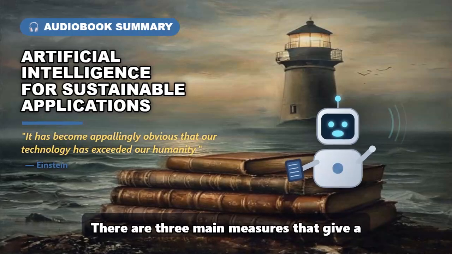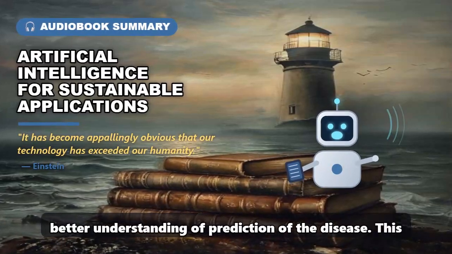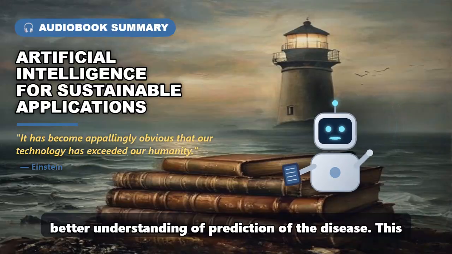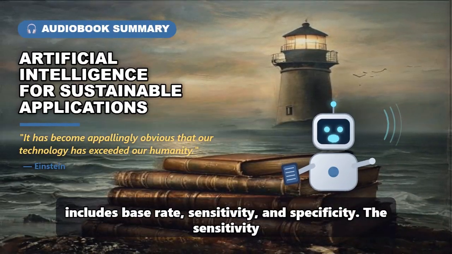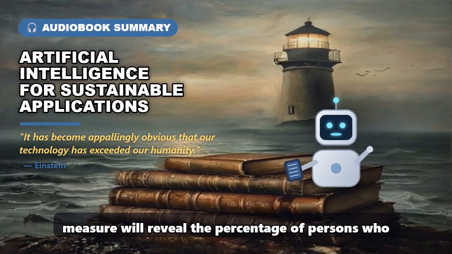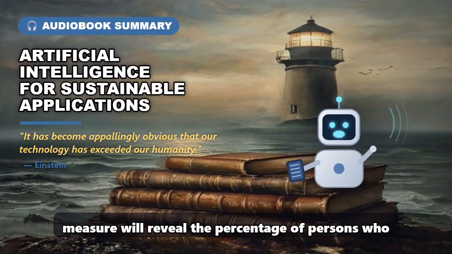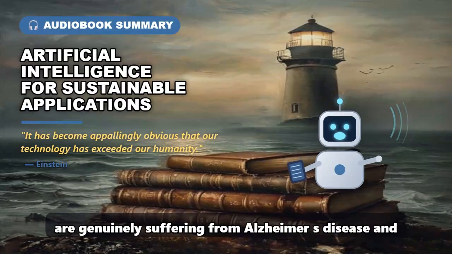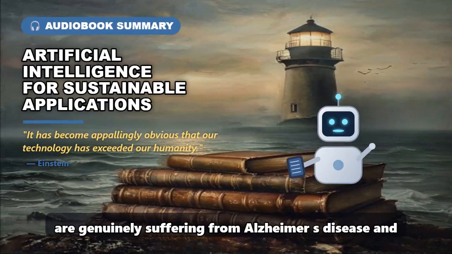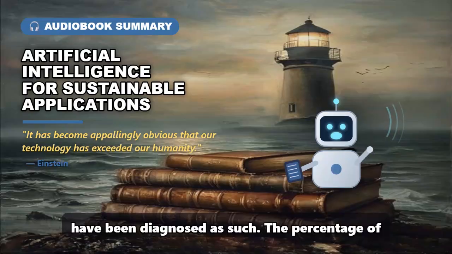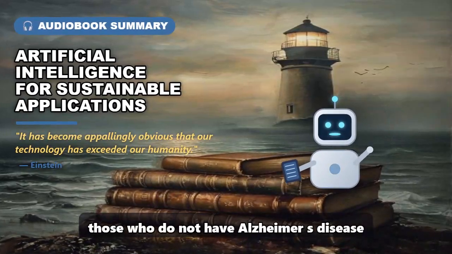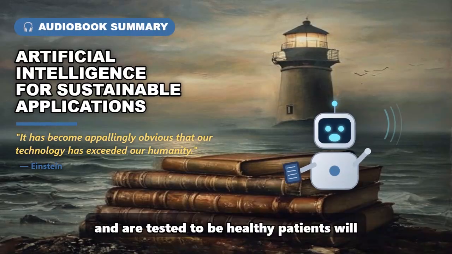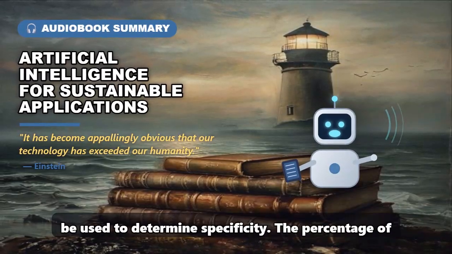There are three main measures that give a better understanding of prediction of the disease. This includes base rate, sensitivity, and specificity. The sensitivity measure will reveal the percentage of persons who are genuinely suffering from Alzheimer's disease and have been diagnosed as such. The percentage of those who do not have Alzheimer's disease and are tested to be healthy patients will be used to determine specificity.